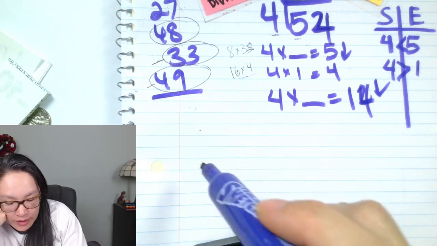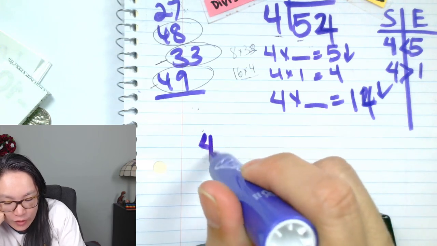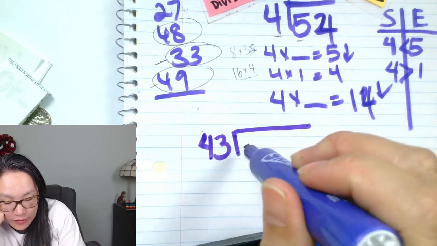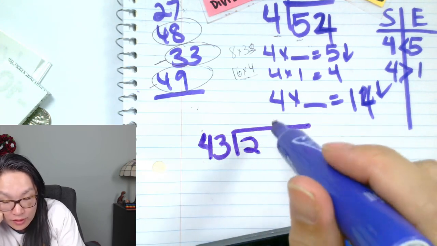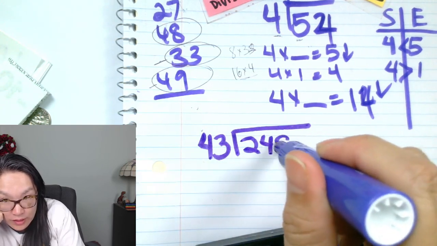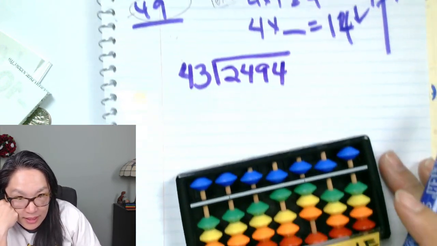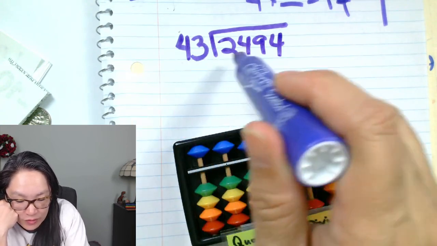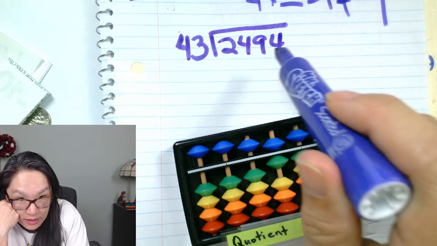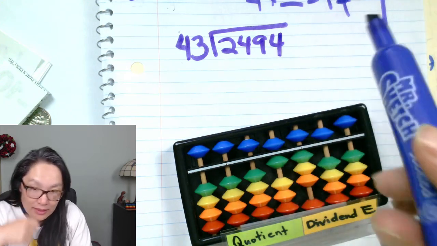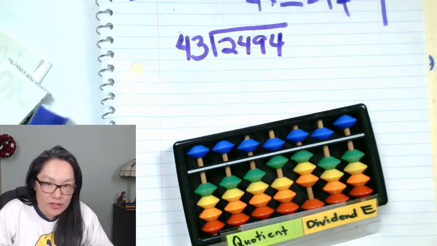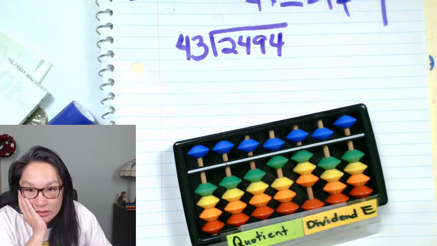The question is 43 divided into 2,494. What they do is they say, okay, how many times does 43 go into this? And I'm like, what? That's kind of hard. So then you have to start multiplying it out. And I'm like, oh, that's too much.